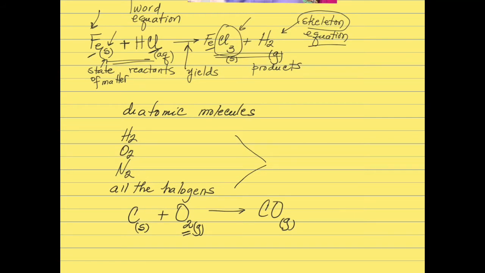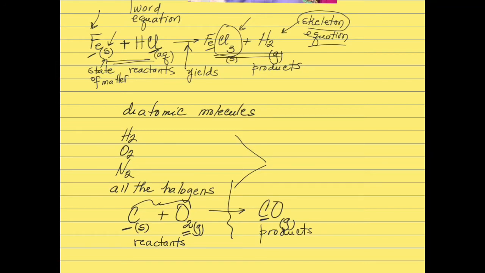Look over here. I have one carbon atom in the product. Remember, the arrow is dividing the reactants from the products. And according to the law of conservation of mass, you will have the same amount of each element at the beginning and at the end. It's not going to disappear. It's not going to come out of nowhere.